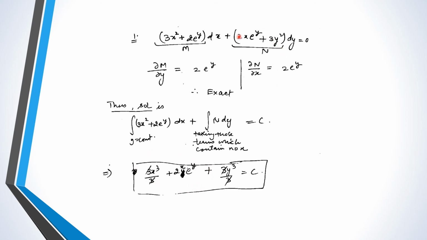Now in case of N, there is only this term which is independent of x. So we consider this in the N function and we integrate this with respect to y. So you will have y cube by 3. So 3 will cancel out. You are left with this. So this is the solution of this differential equation.